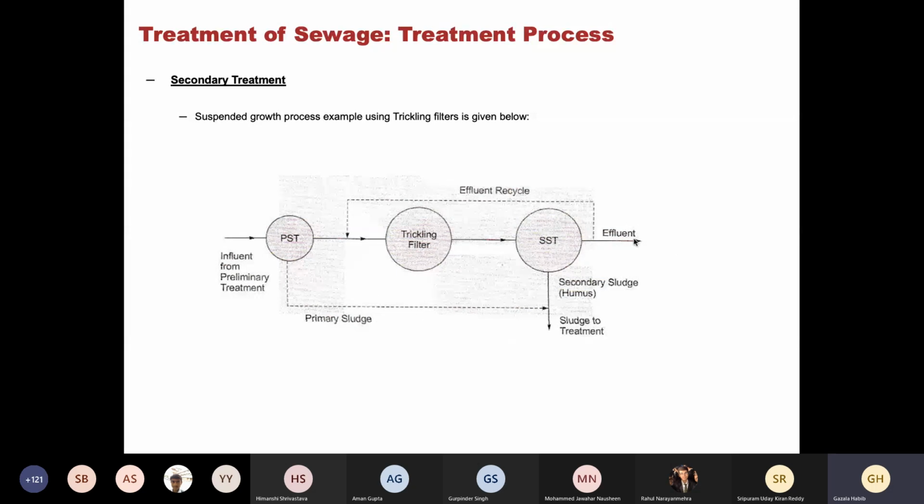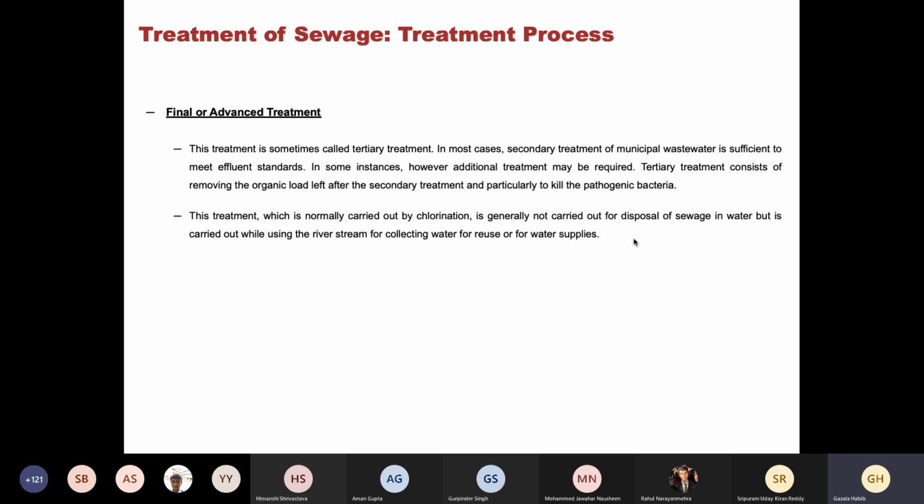That is why it is known as attached growth process. The bacteria are attached to the filter material. We are not going into detail of this method because it is not very common. The most common method is the activated sludge process, which we will see in the next class.